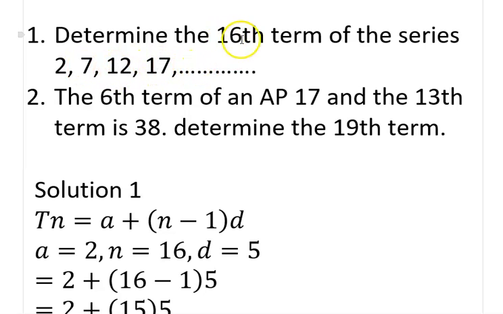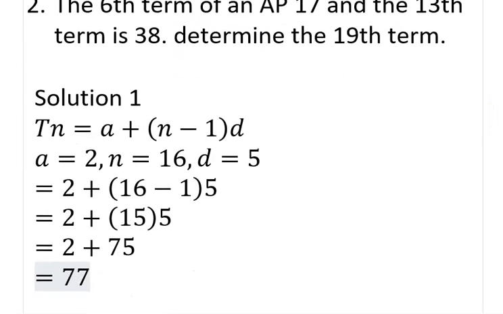The question is asking you to go to 16. That means you'll be adding 5 to all you have till you get to the 16th term. Then if you're adding 5, the 16th term will be 77. So instead of doing it like that, which will take your time, the moment you apply this formula, you get your 16th term to be 77.